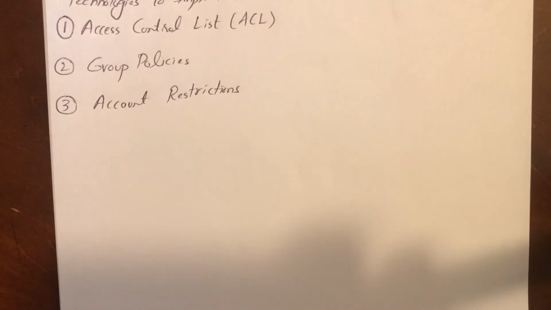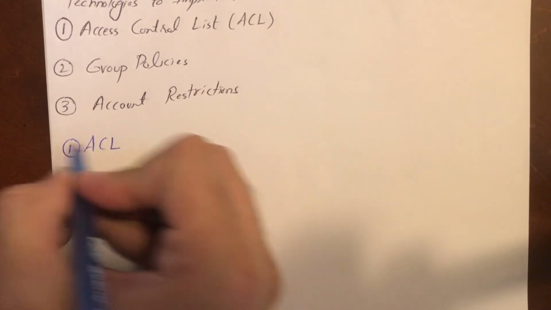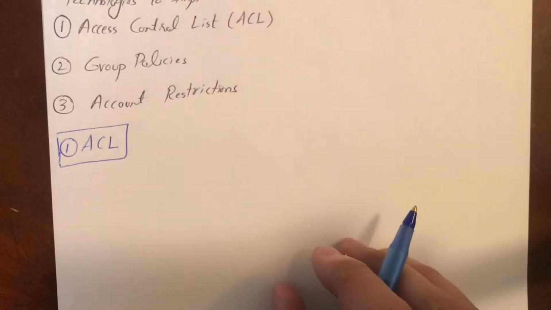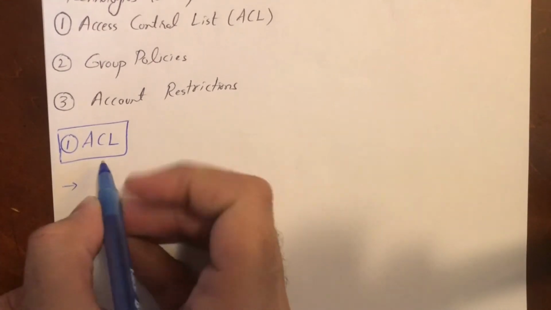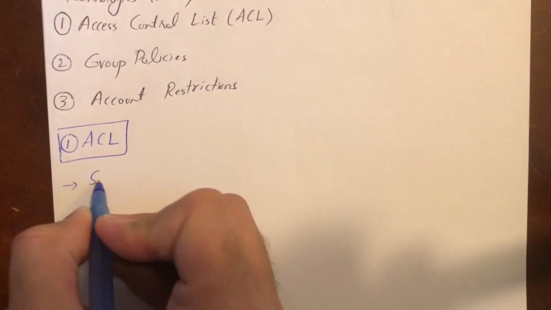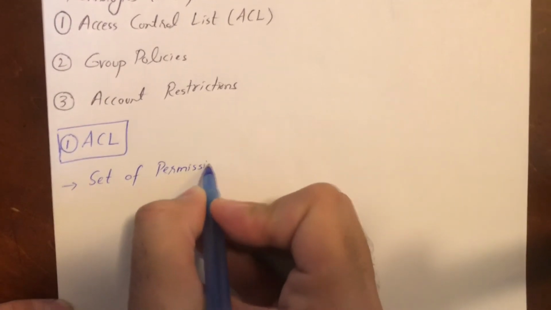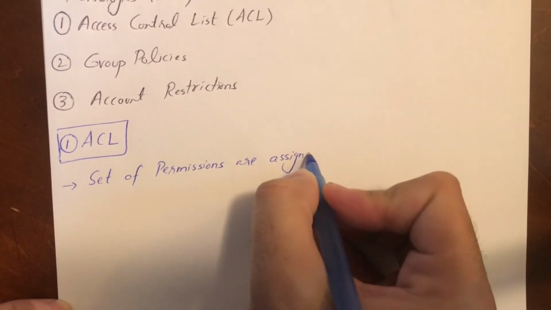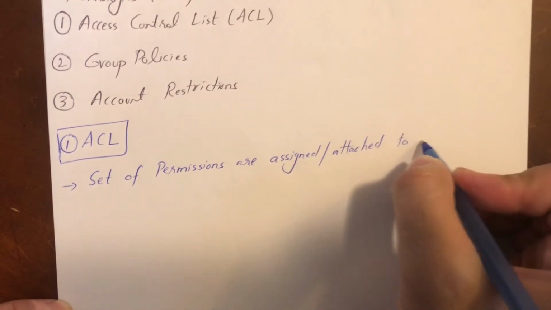So let's start with the first one, the access control list, ACL. In an access control list, what exactly happens? We assign or set the permissions or rules with the objects. The definition of an access control list is a set of permissions assigned, or you can say attached, to objects.